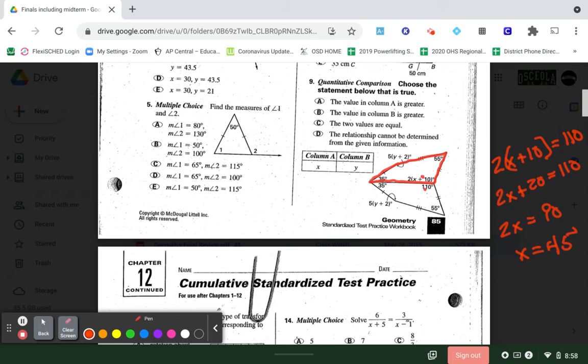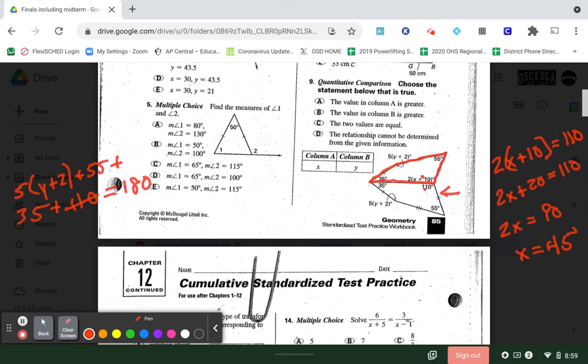So I'm going to use the bottom one first. I know that 5 times y plus 2 plus 55 plus 35 plus 110 has to give me 180.